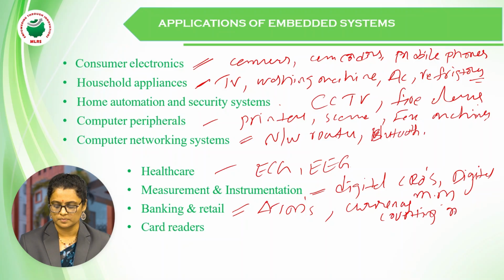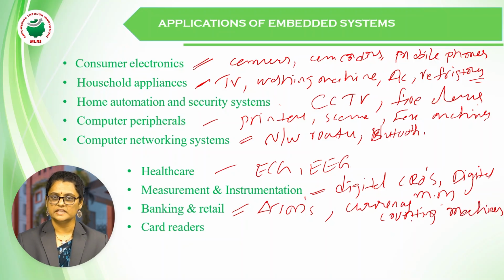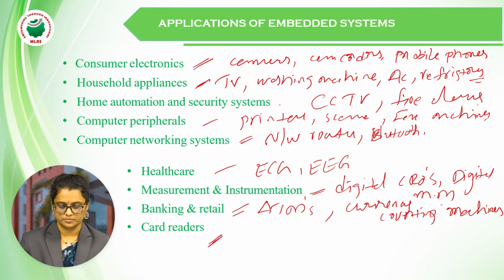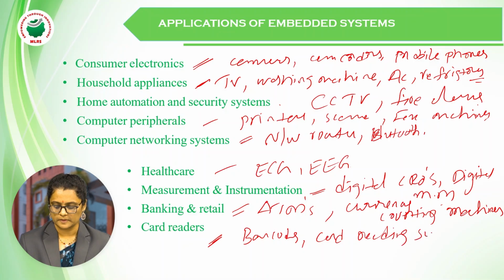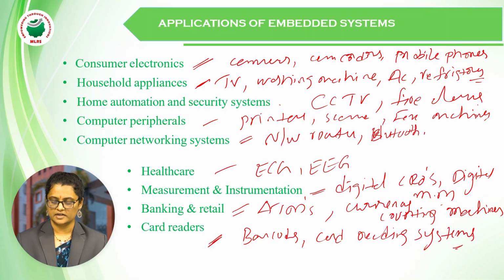Not only these, many are there, but for banking and retail we mentioned these. And then the final one is card readers. With card readers, we can scan barcodes and do card reading. So these are the applications of the embedded system.